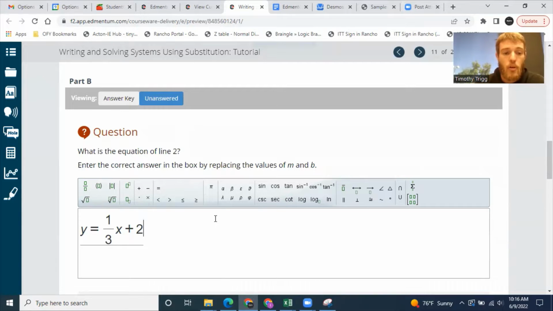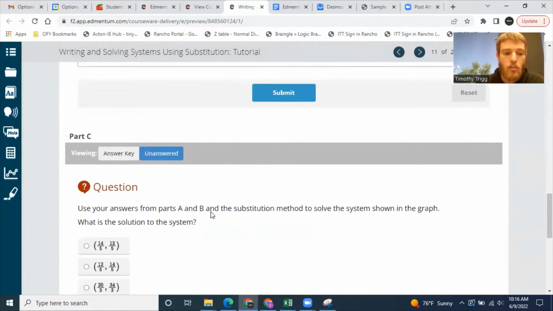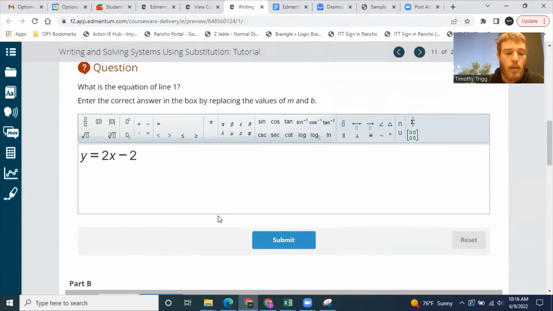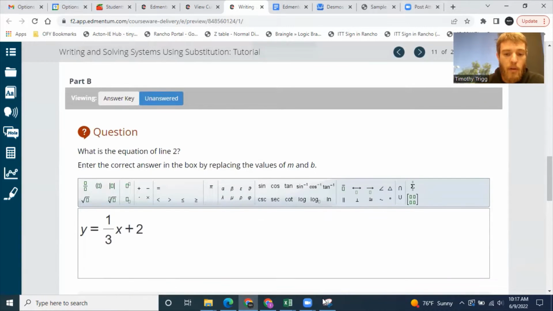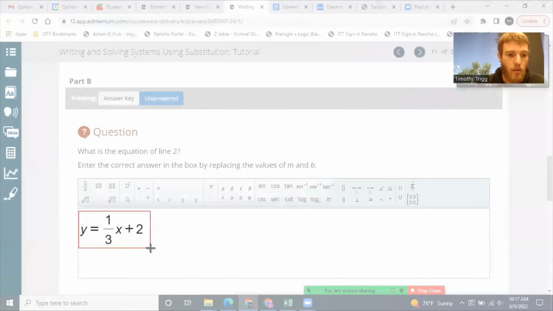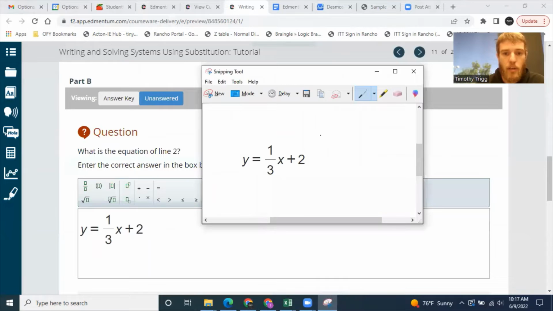Okay, so how do we use substitution to solve the system of equations? So what we're going to do is I'm going to write down the 2 equations. So here's one of the equations, and then the other equation was y equals 2x minus 2.